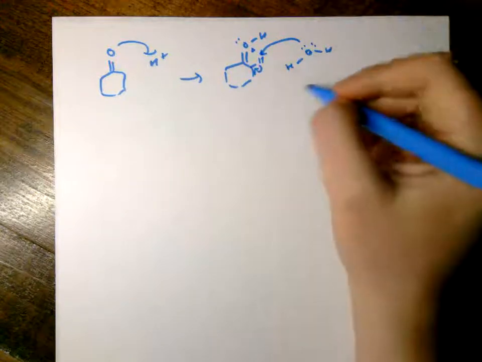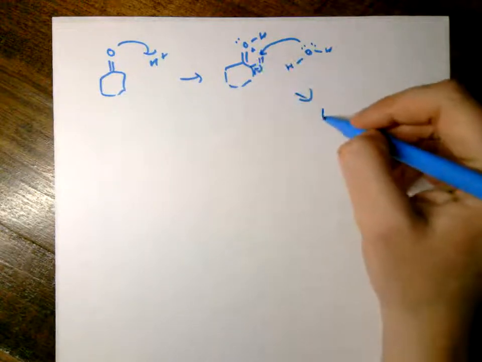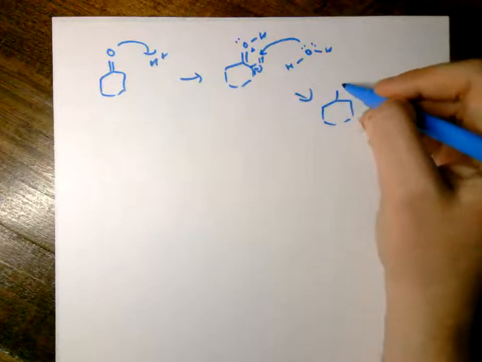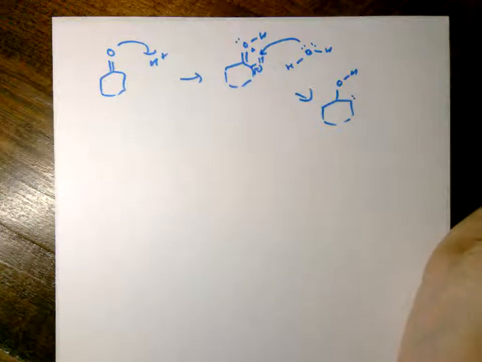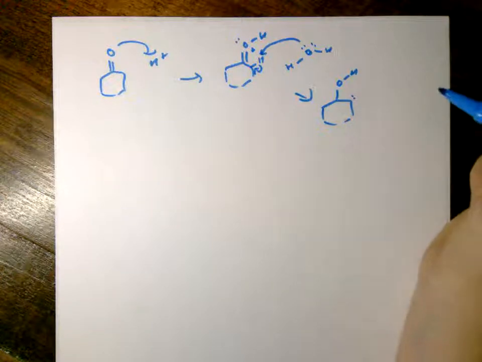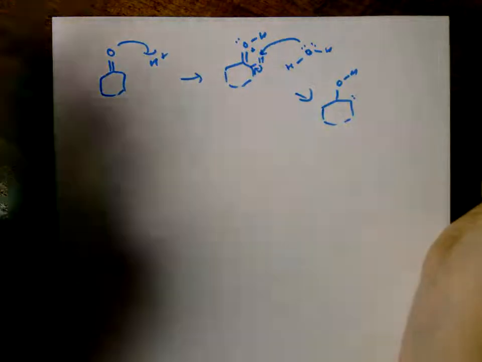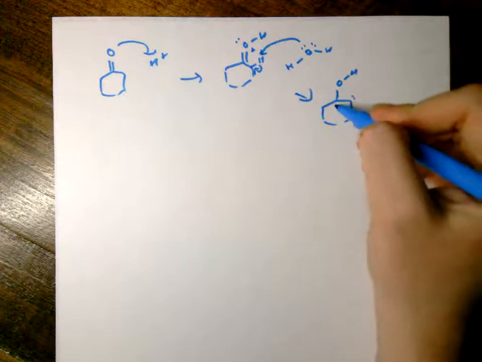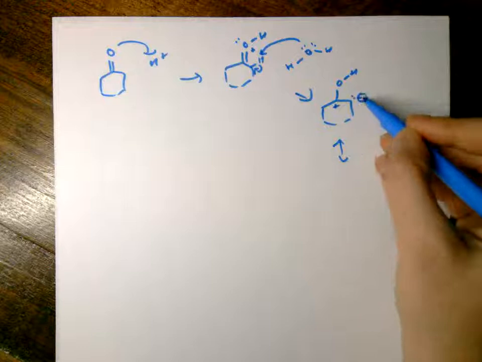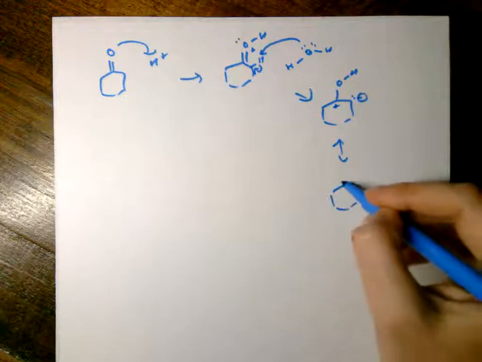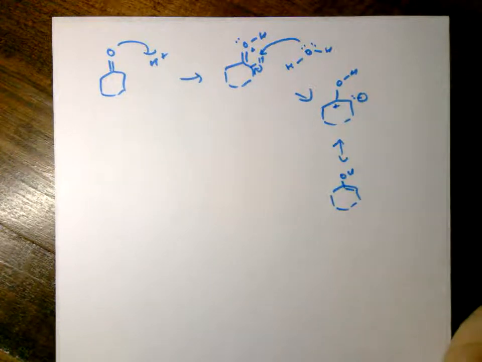Just water is all the base that you need because it's protonated there, and you'll get OH with a negative right here. And this bond broke here, so actually this is positive. You can also draw it as OH with a double bond there.